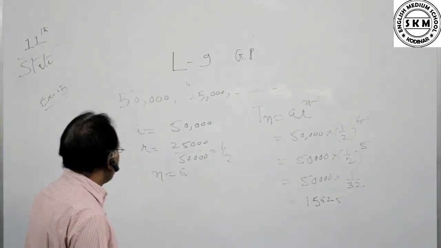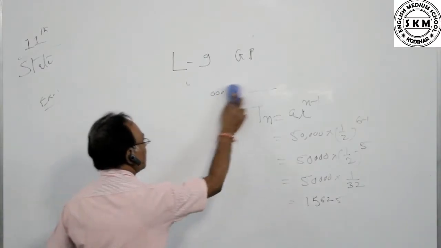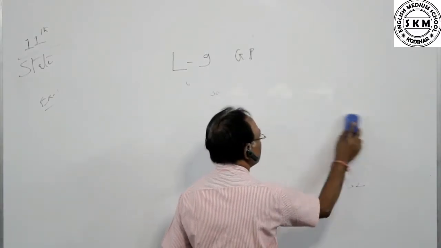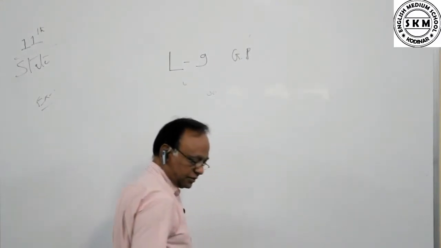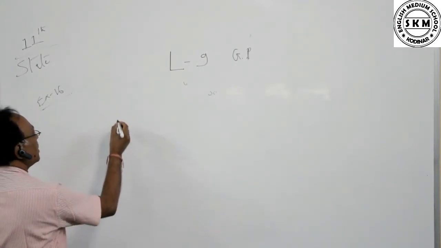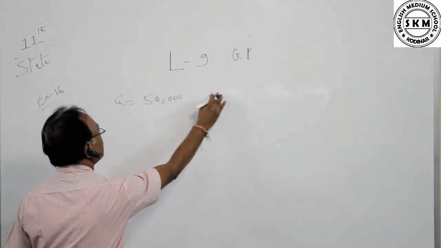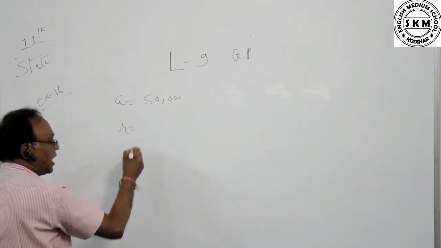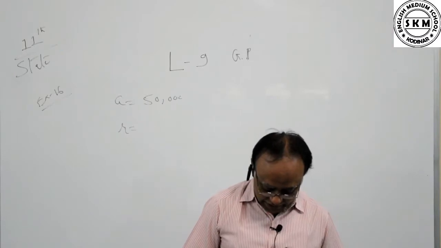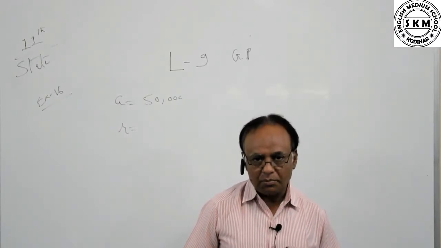Your illustrated example number 16. a is given here. Now r is given. The population increase means the plus.